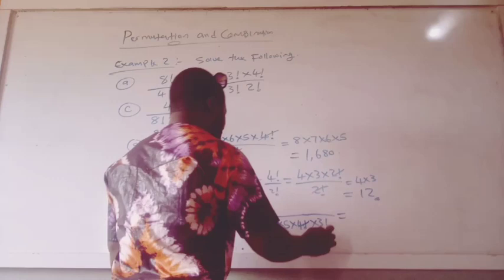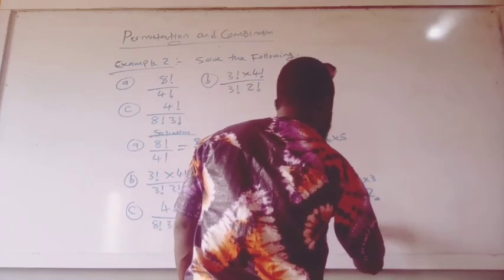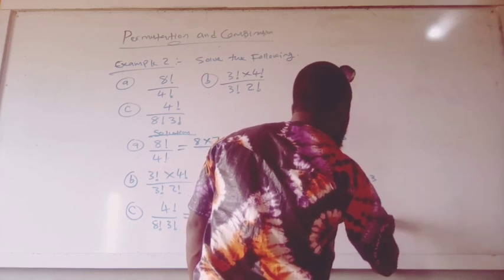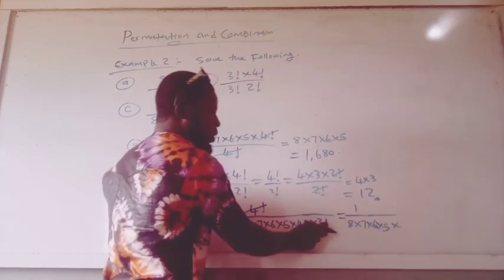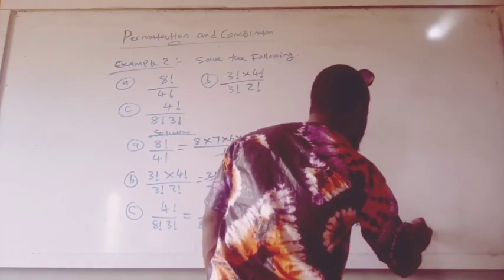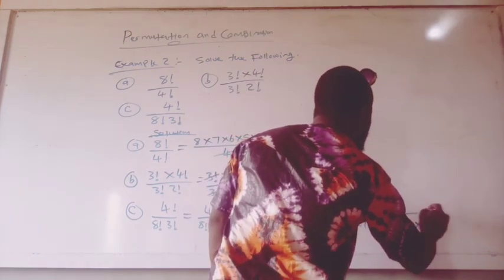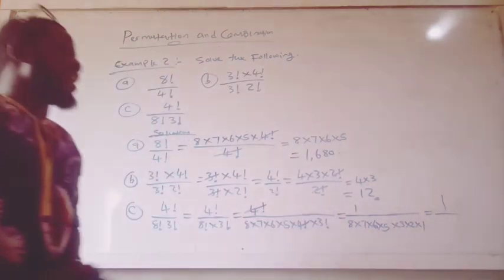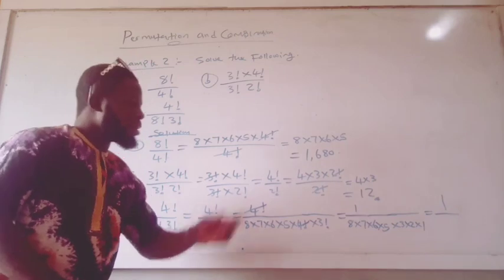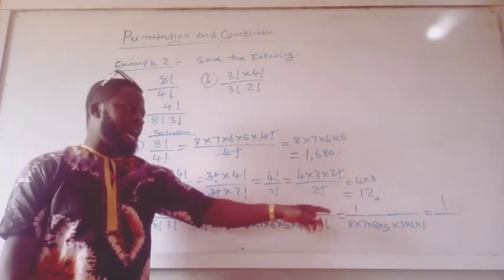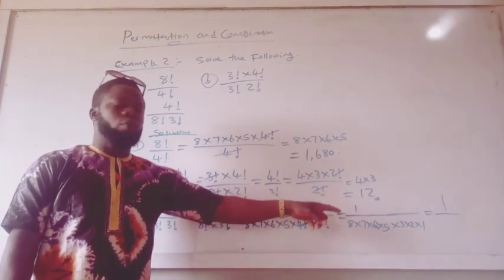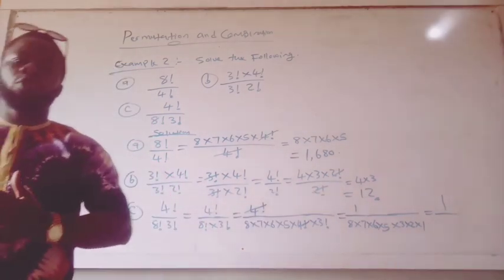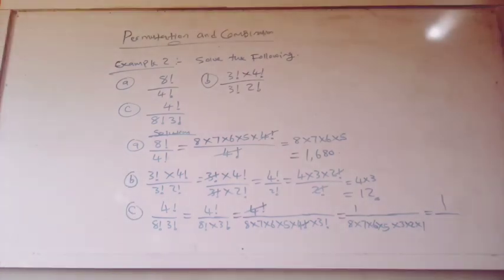So I can have it as 1 over 8 times 7 times 6 times 5. But mind you, 3 factorial itself is 3 times 2 times 1. So I need to find what this will give me. That's 1 over 8 times 7 times 6 times 5 times 3 times 2 times 1. I want you to also solve it alongside with me. And let's see what you have.